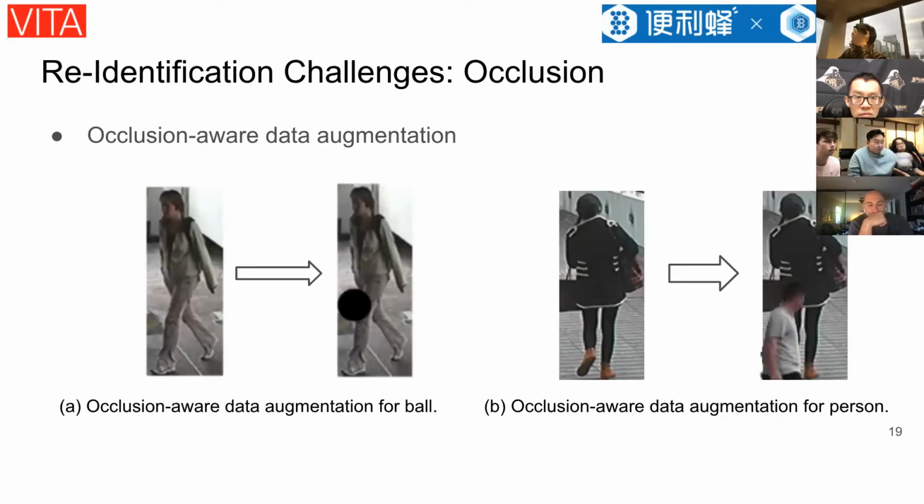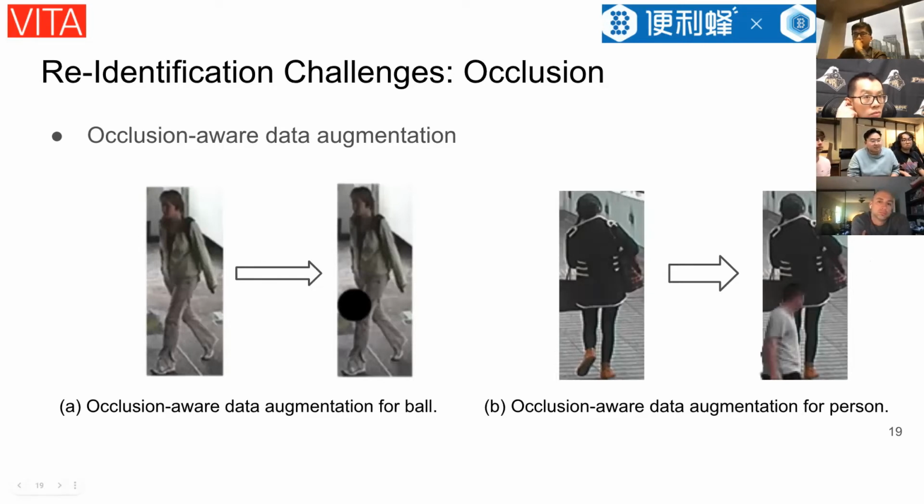To solve this problem, our solution is occlusion-aware data augmentation. This is a simple data augmentation method where we try to add ball images and person images for occlusion in the training data during the training process. We add these balls and person images to make the model more robust to these occlusion factors.